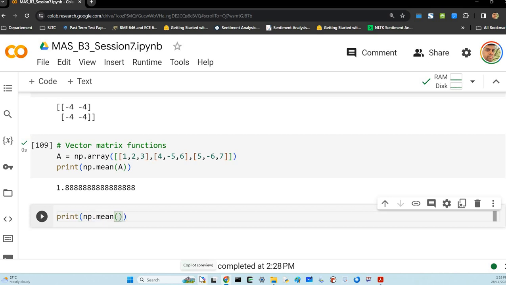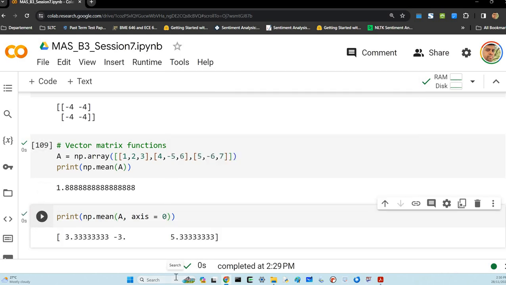np.mean. A will say axis is 0, which indicates row value. So row value, when you add it up, what will happen? 5, 4, 9, 10, 10 divided by 3, 3.33.